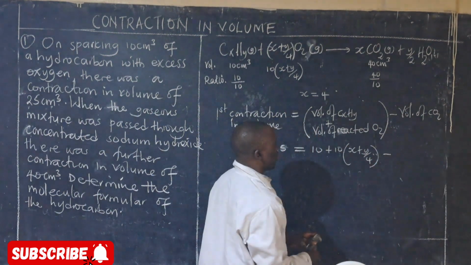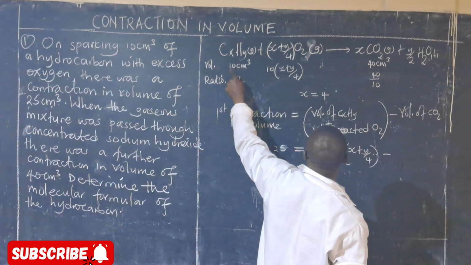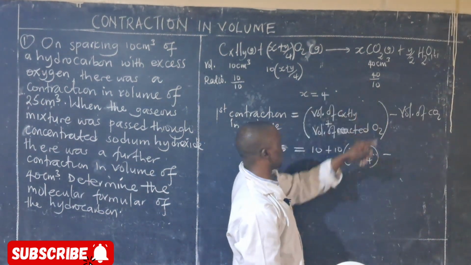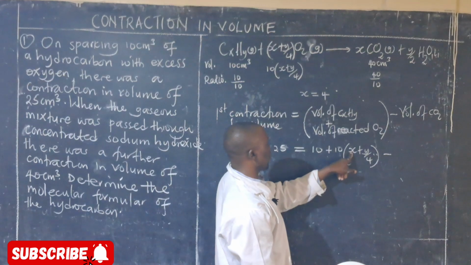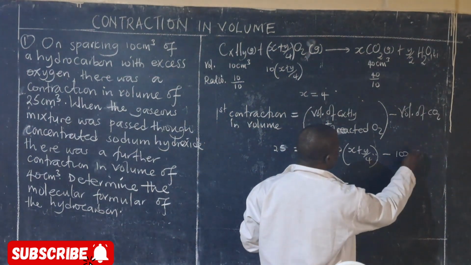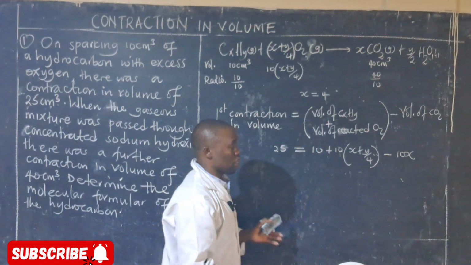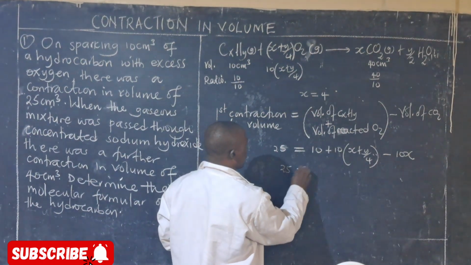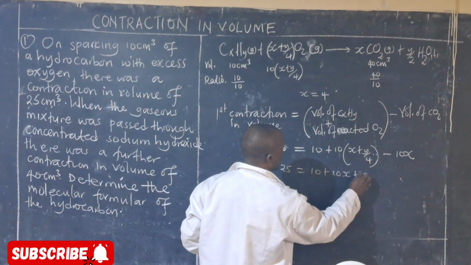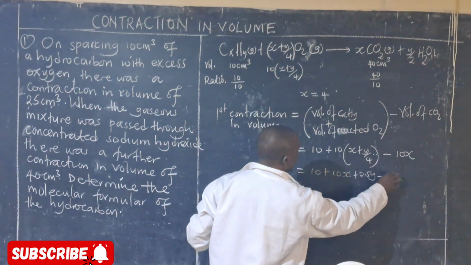Then carbon dioxide, we can either say 10x here, or we can use 40 and replace the value of x as 4. You can directly say 10x, since I'm going to subtract the algebra. So 25 is equal to 10 plus 10x plus 2.5y minus 10x.